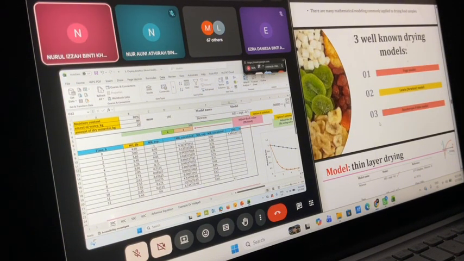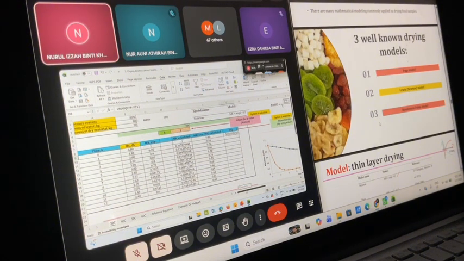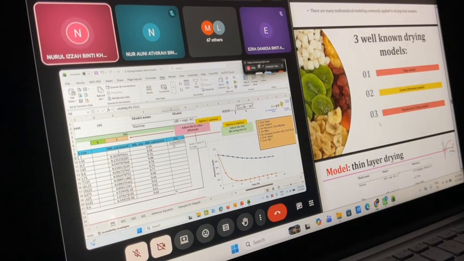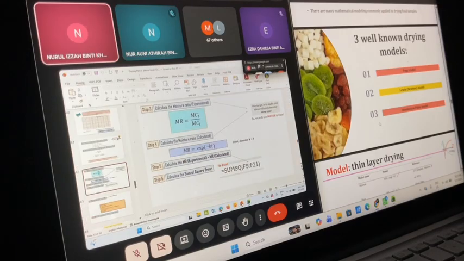So you calculate SSQ, and you put this data here, sum of square of F9 until F21. You will get this data. So that's how you calculate the SSQ. Sum of square F9 until F21 is the difference between experimental and calculated. So this is the formula.